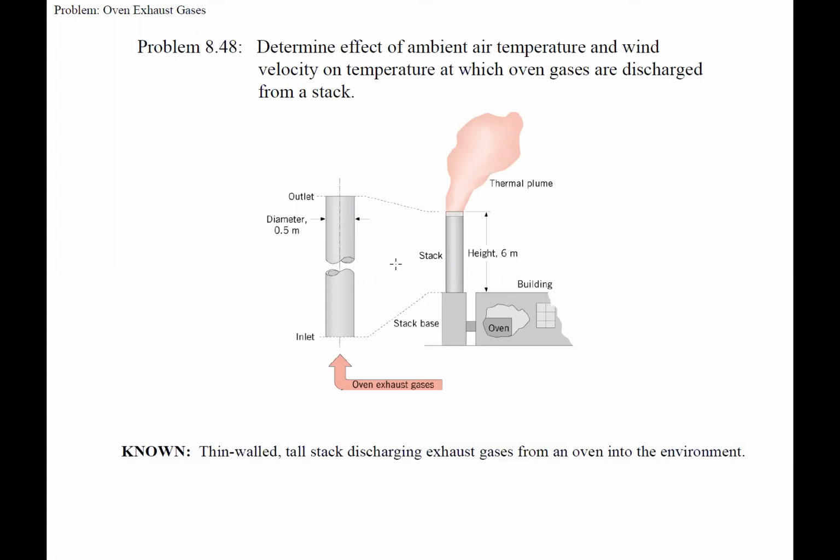All right, so we have also the schematic that you see right here on the screen is what is given in the problem. So they tell us an oven gas temperature, say, and that would be our mean inlet temperature, okay? And then they tell us ambient air temperature and a wind velocity, okay?